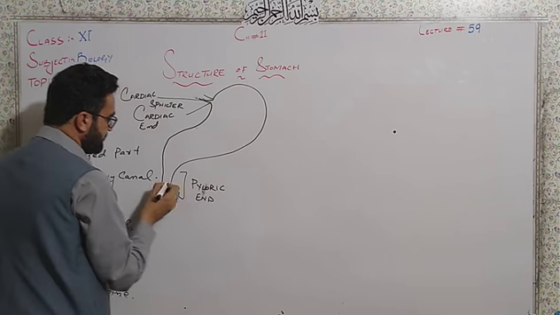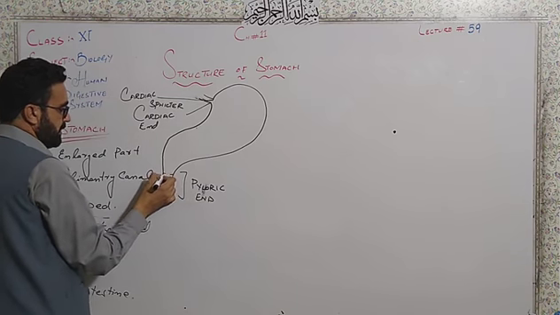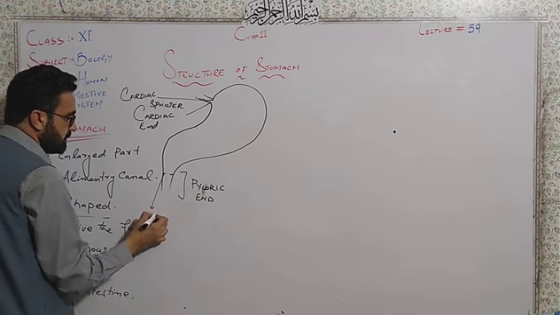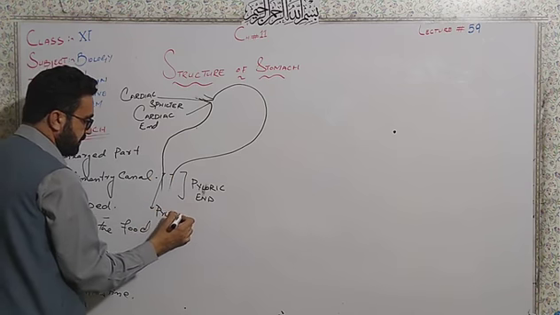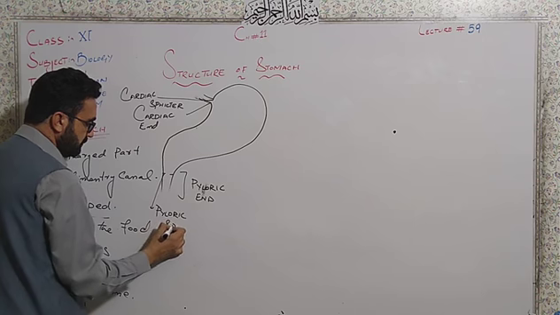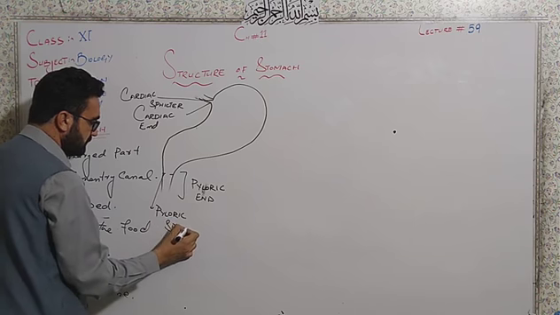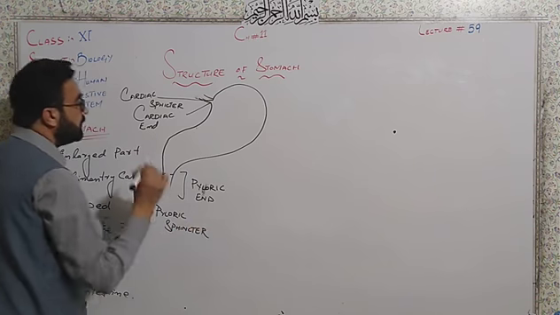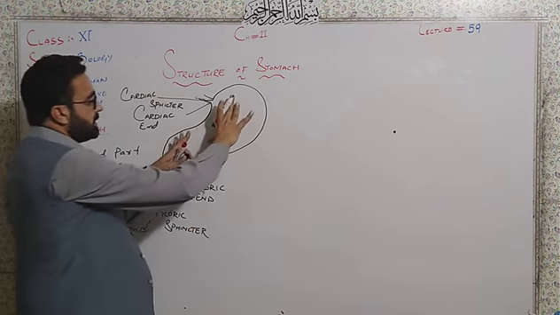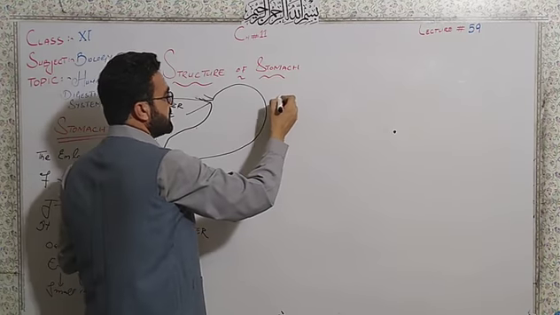And also we have a sphincter. That sphincter is called the pyloric sphincter. This part, the enlarged part, is called the fundus.